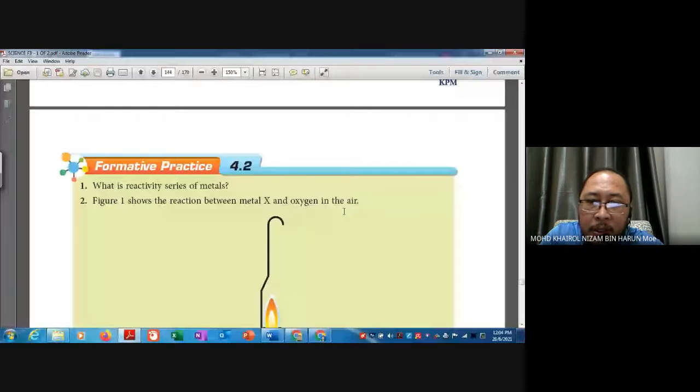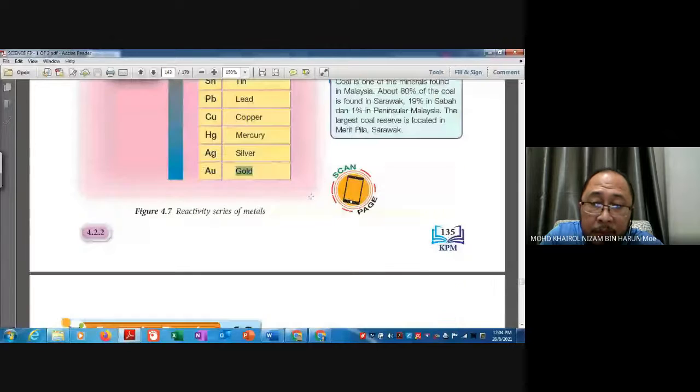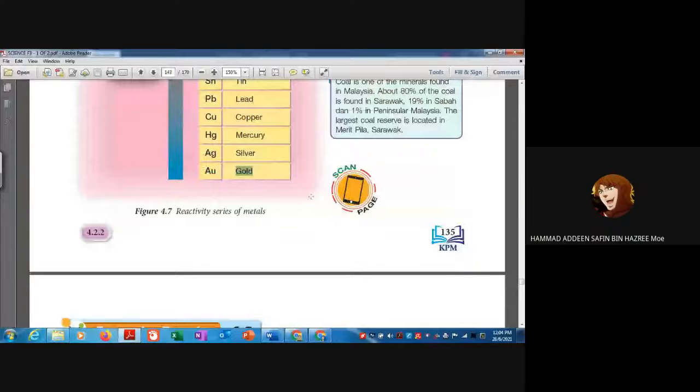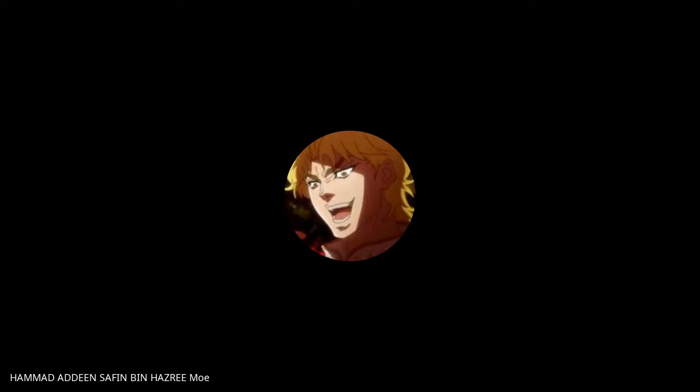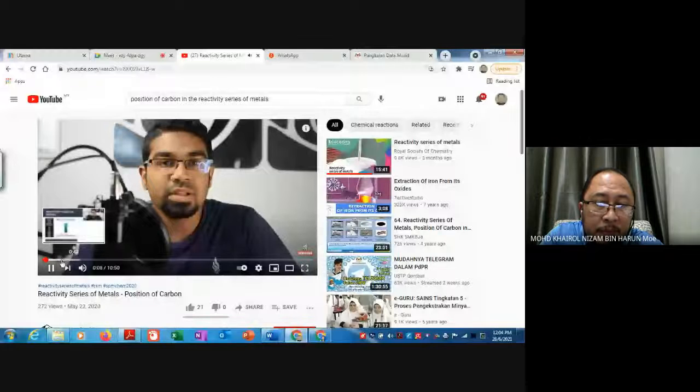So any question from you regarding this? By looking at the reaction of the least reactive. So as we go down this list of metals, the reactivity becomes less and less.